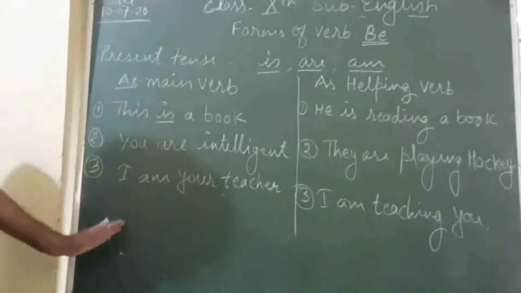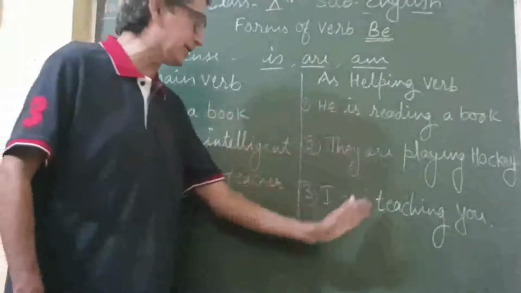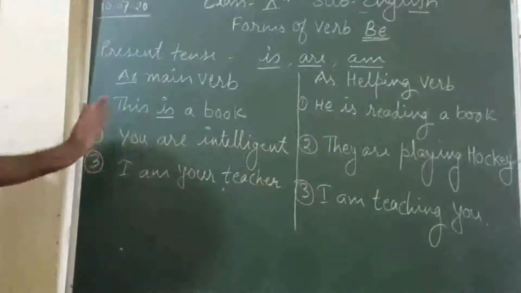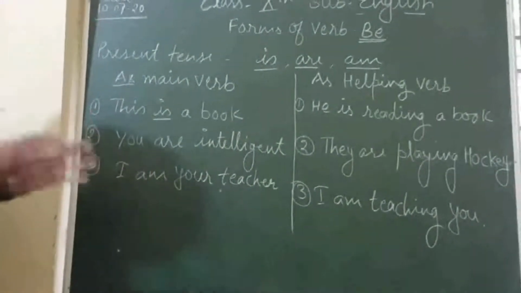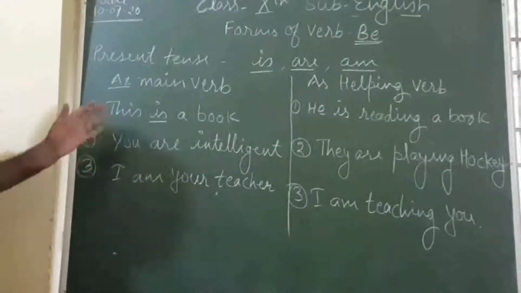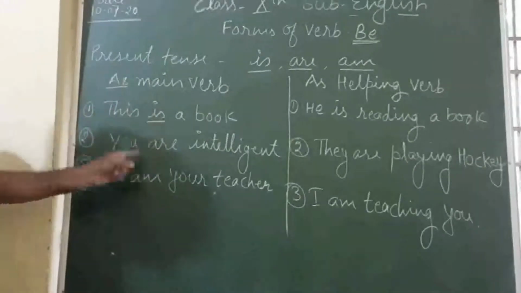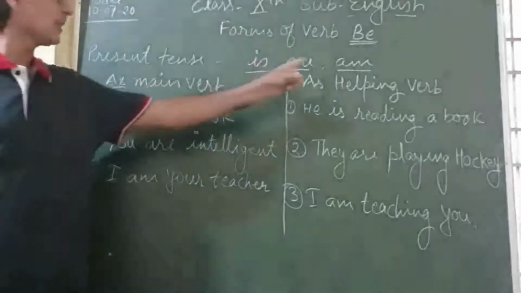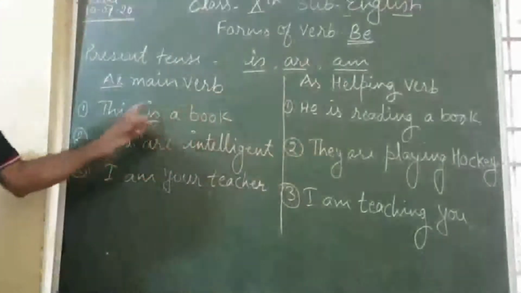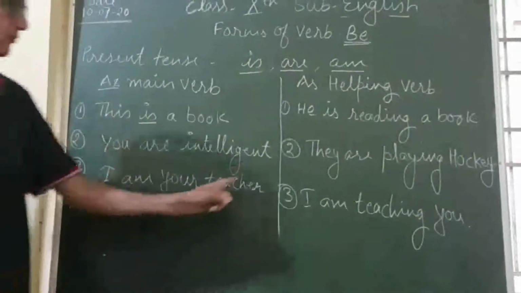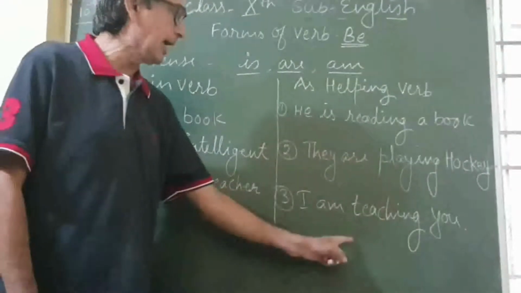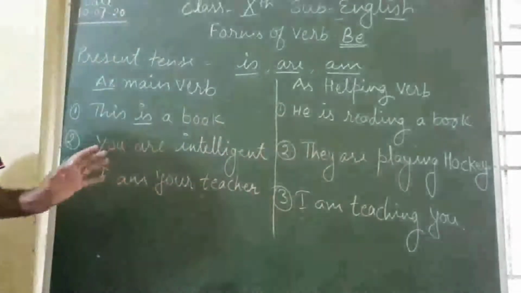So three sentences here and three sentences here, and you can easily understand when we use these forms of be as main verb and when we use them as helping verb.